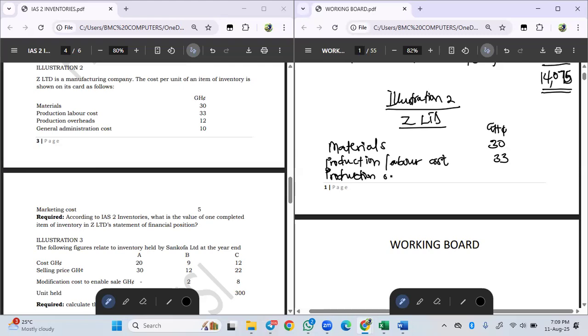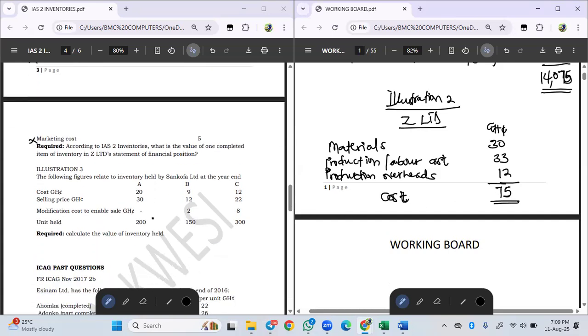So production overheads, that one is 12. Are we going to add general administration costs? No. Okay, so this one is out. The marketing costs, are you going to add it? No. Okay, so the cost will be 75.